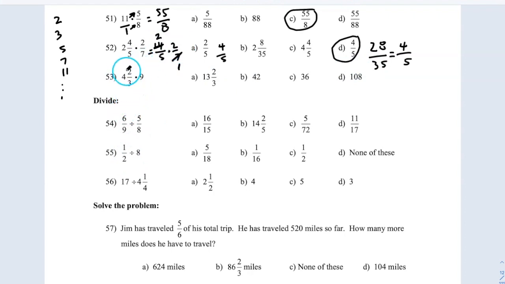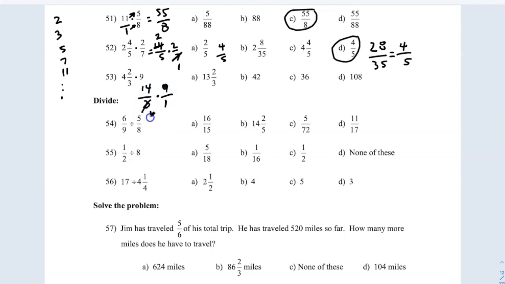53. Mixed number, I gotta turn it into an improper fraction. So 4 times 3 is 12, plus 2 is 14 over 3 times 9 over 1. Again, I can multiply straight ahead and then simplify at the end, or look at this 9. Can I simplify that 9 and the 3? Yes.